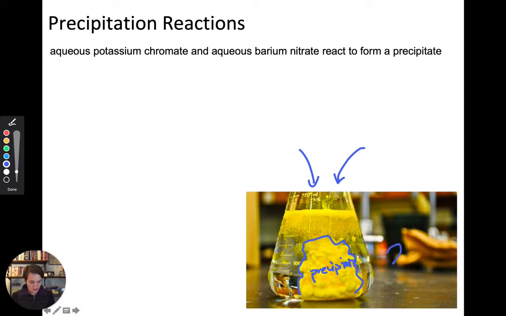So the big question is, what happened? What chemical reaction took place? This is the first time in this class where you will be given the reactants and you will have to tell me what the products are.